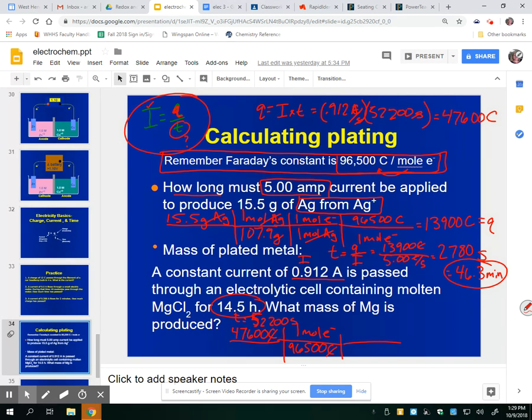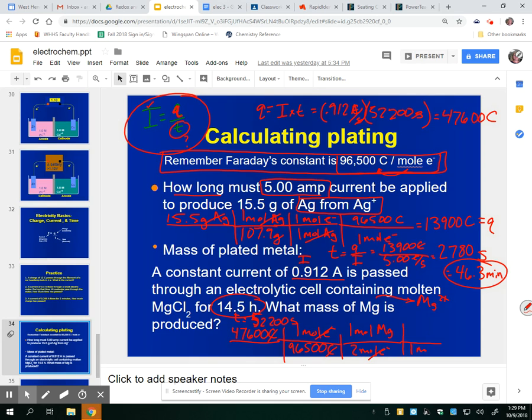Now we have to go from moles of electrons to moles of magnesium. When magnesium becomes an ion, it becomes an ion with a 2 positive charge. So how many electrons are moving? 2. So there are 2 moles of electrons in 1 mole of magnesium. And that's that new conversion factor that we have. And now I have moles of magnesium.